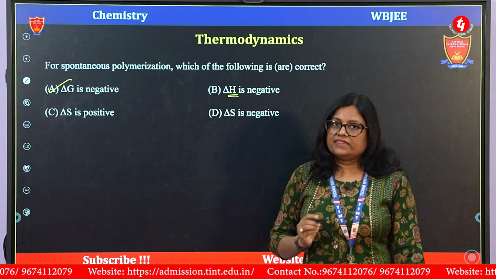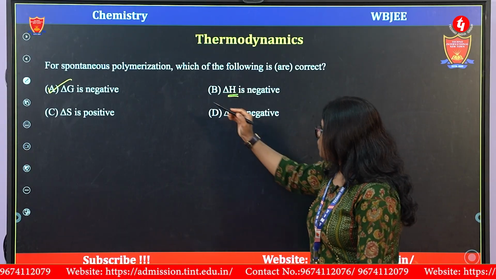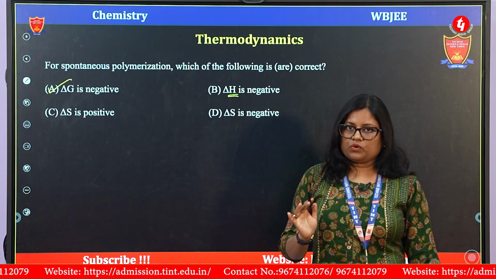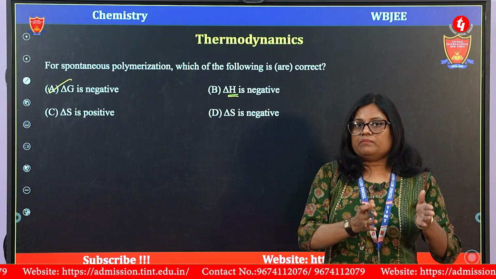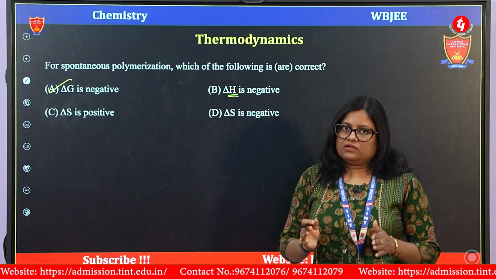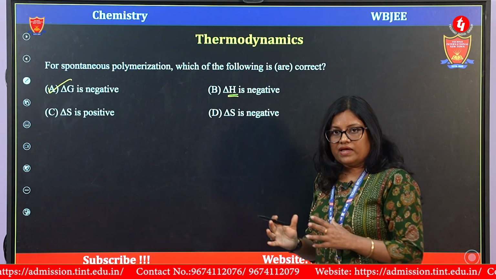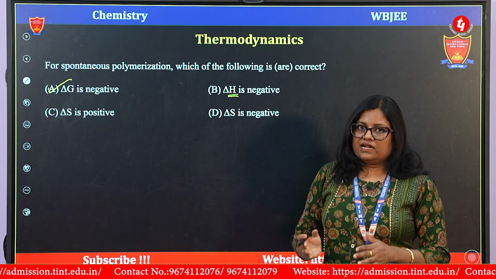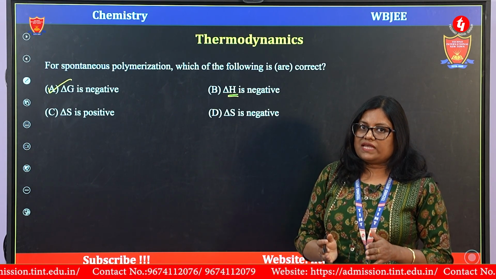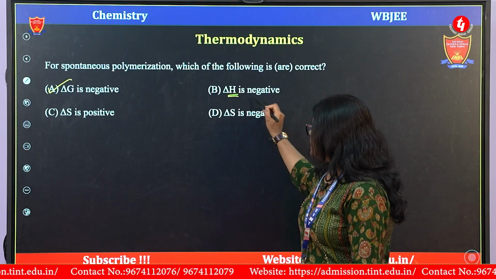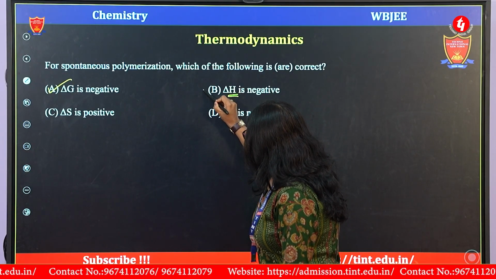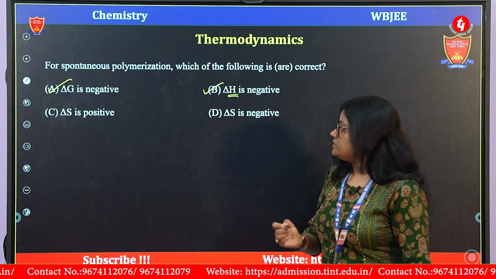Delta H is the enthalpy change. As the process is polymerization, monomers combine to give polymer. So, the system gets stabilized and releases energy. So, the process is exothermic where delta H is negative. So, this one is also correct.